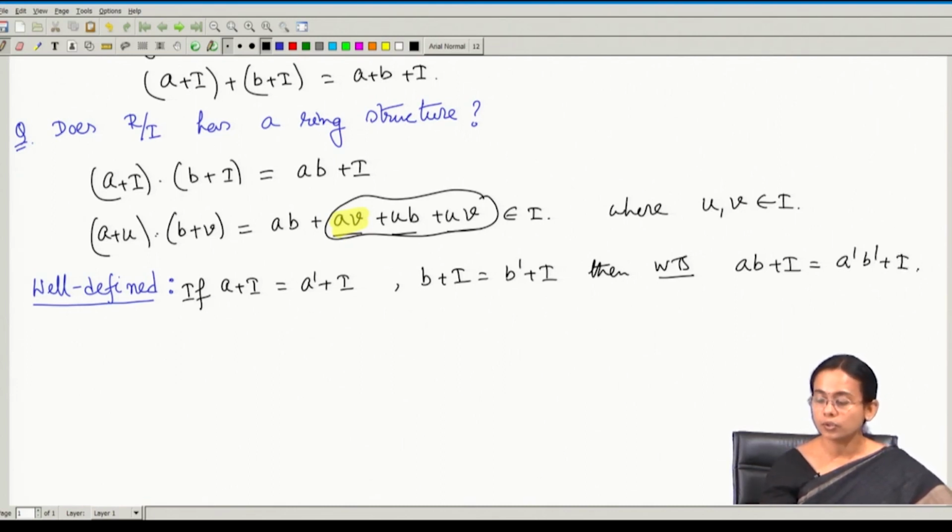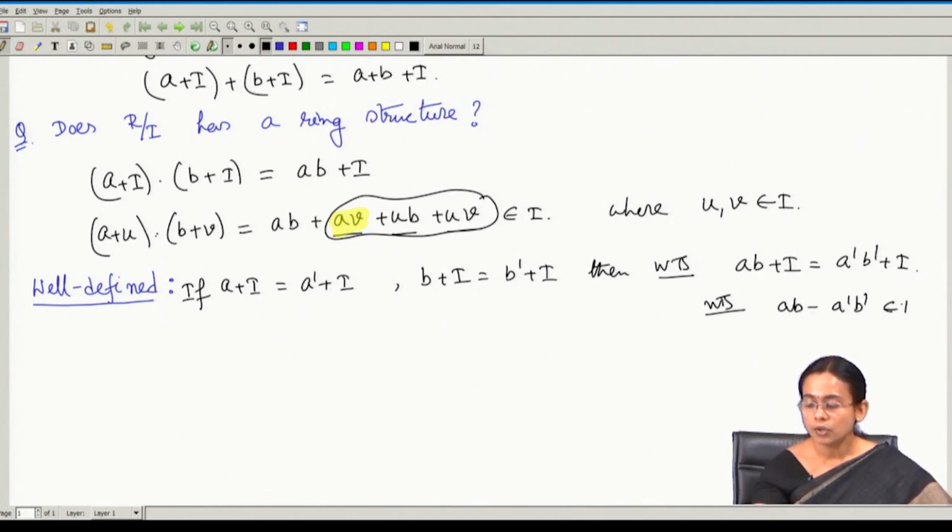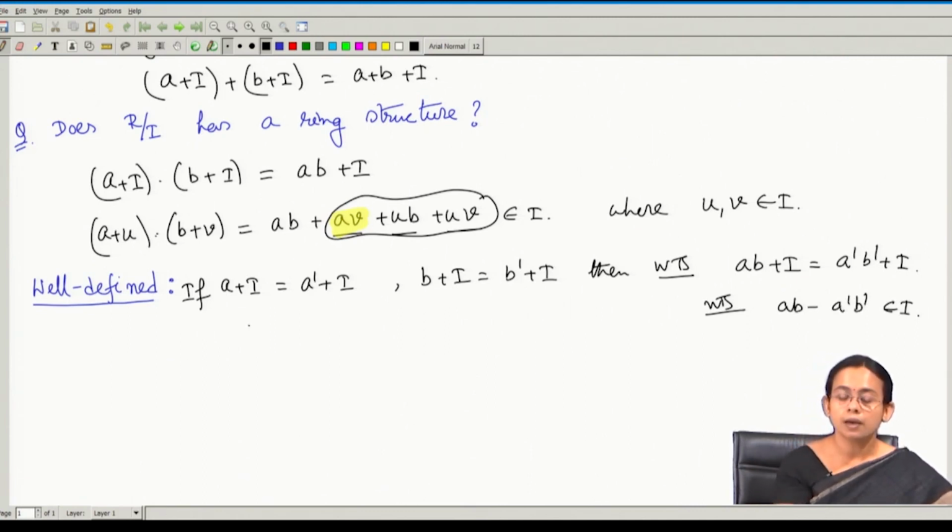I need to show that ab minus a prime b prime should be an element in I. So, now try to use the hypothesis.